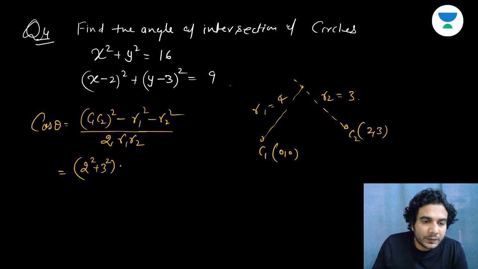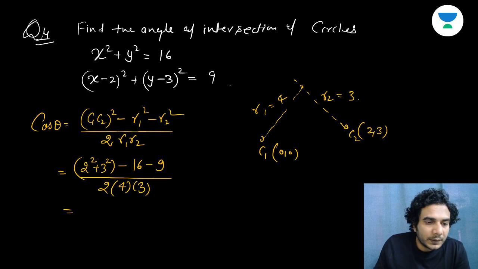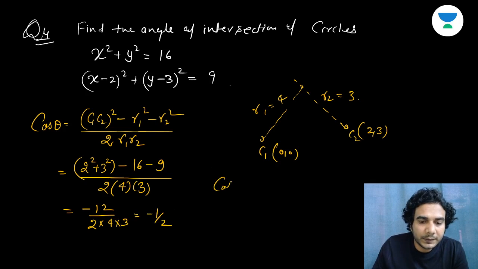R1 square is 16 and R2 square is 9, divided by 2 times R1 which is 4 into R2 which is 3. The 9 and 9 get cancelled, 4 minus 16 is minus 12, divided by 2 into 4 into 3, so it is minus 1 by 2. Then you can see cos theta is equal to minus 1 by 2.